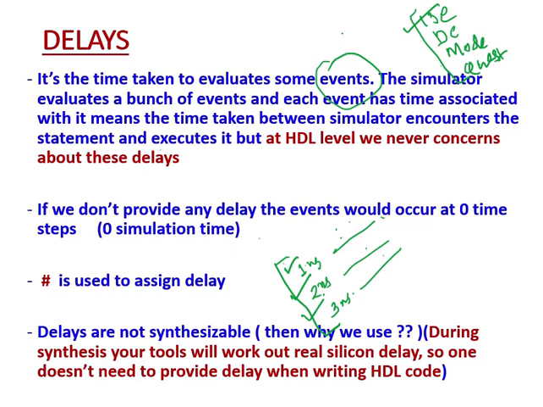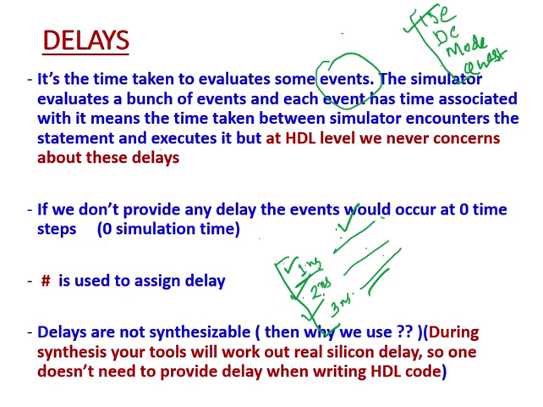Whenever the Xilinx ISE simulator encounters the first line of code at 1 nanosecond, it takes some time to evaluate or to execute this first line. Then when it encounters the second line of code at 2 nanosecond, it takes some time. The same for the third line.